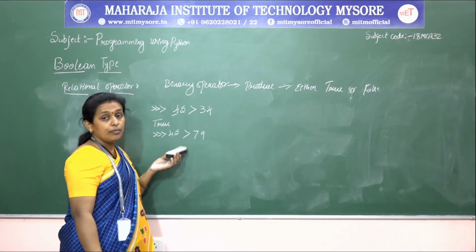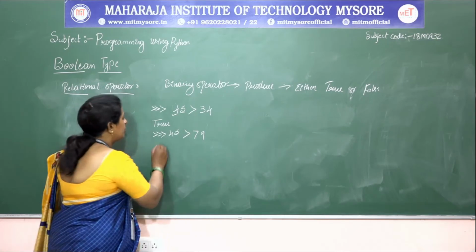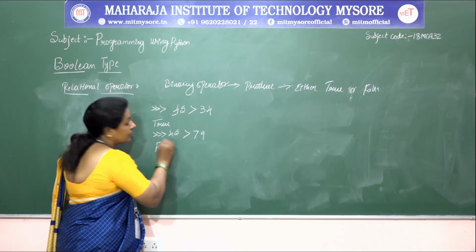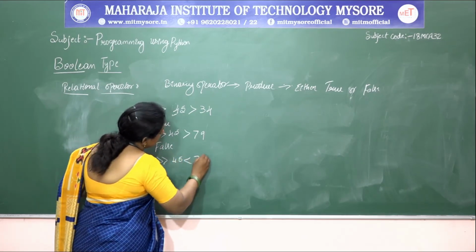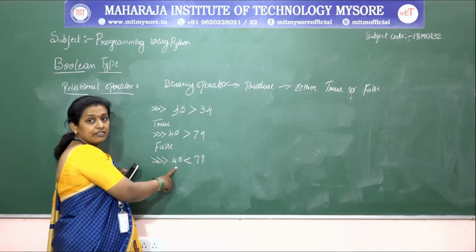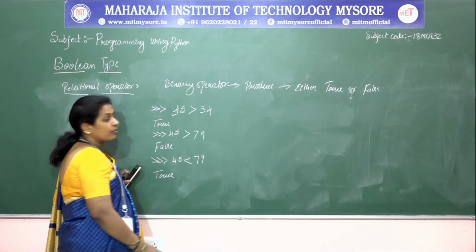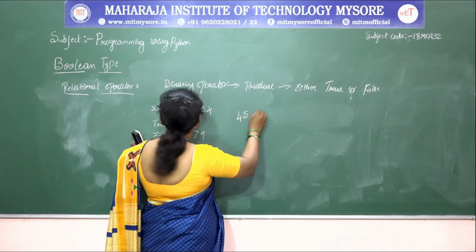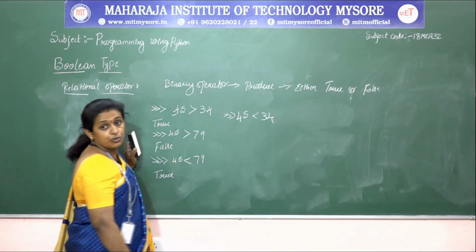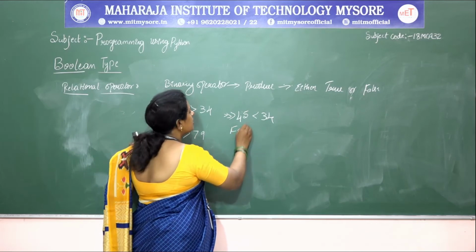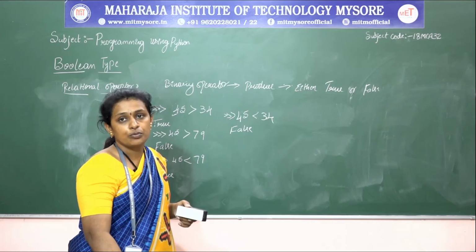False, because comparing these two numbers, 79 is the greatest one, so we get the output as false. 45 less than 79: yes, 45 is less than 79, so we get the output as true. 45 less than 34: we get the output as false, because 45 is not less than 34.